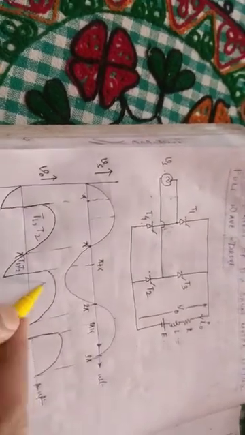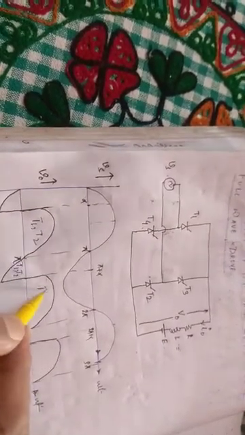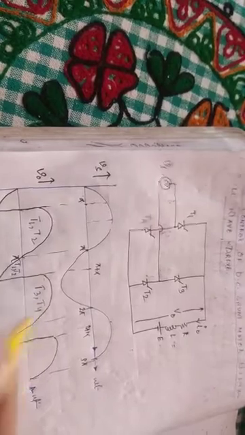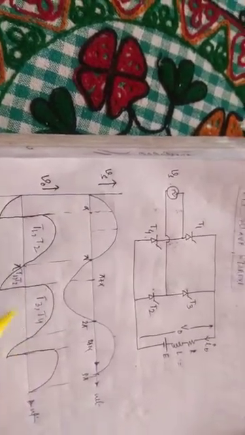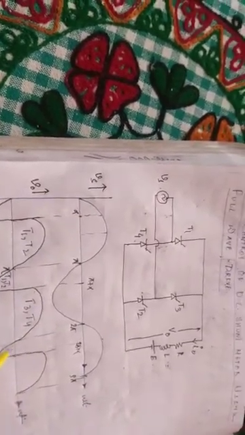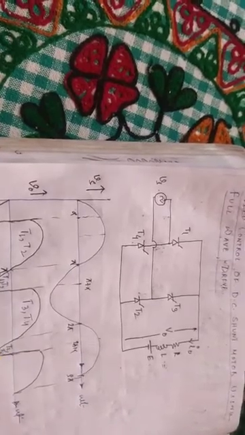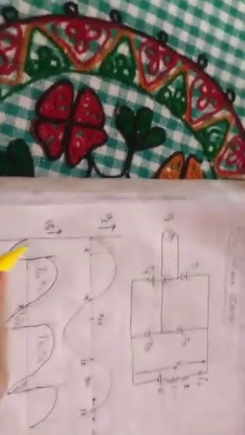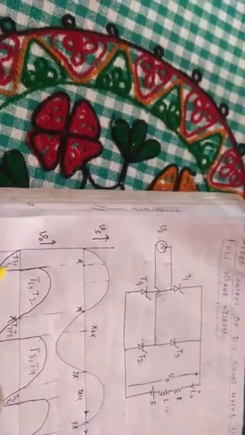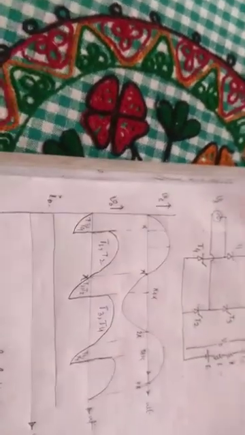Again here it will be T3, T4 from pi plus alpha to 2 pi plus alpha, that is T3, T4, and so on. This is also T3 and T4.